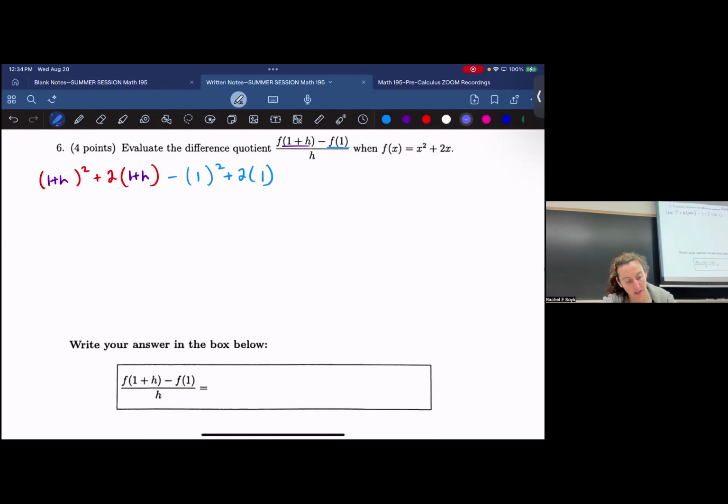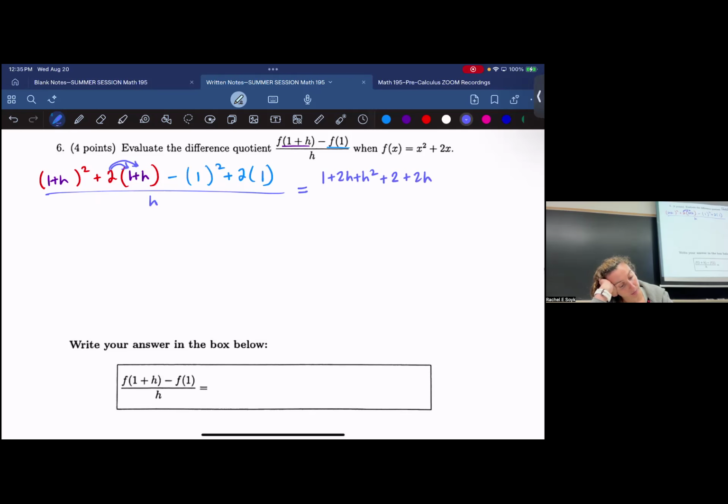And this is all being divided by h. So now we just have to simplify. 1 plus h in parentheses squared is the same as 1 plus 2h plus h squared. Use distributive property to distribute the 2 in that second parentheses to get 2 plus 2h.